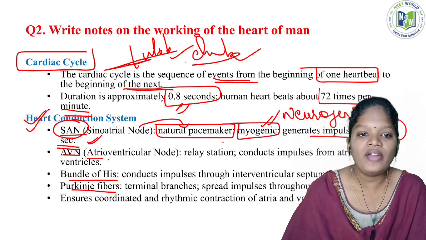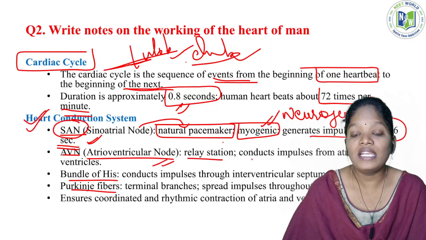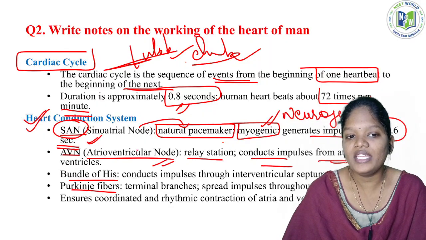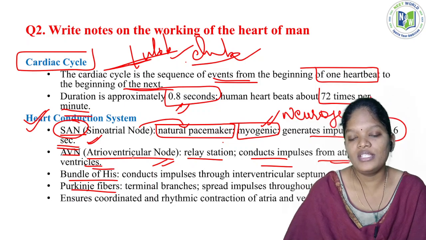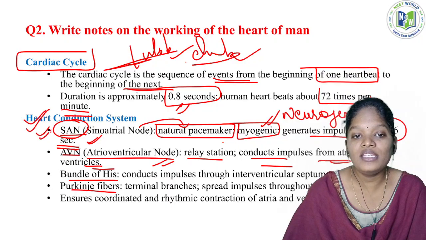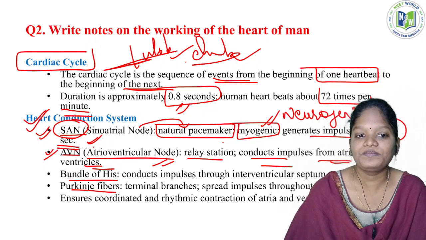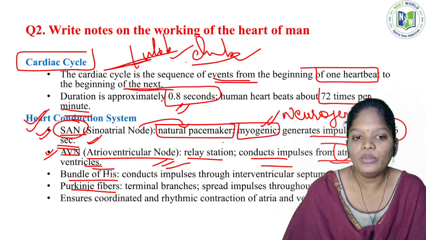Now after that, the atrioventricular node. It is a relay station that conducts the impulse from the atrium to the ventricle. You should know that not only the SA node creates an impulse, the AV node also generates an impulse, and it conducts the impulse from the atrium to the ventricles.